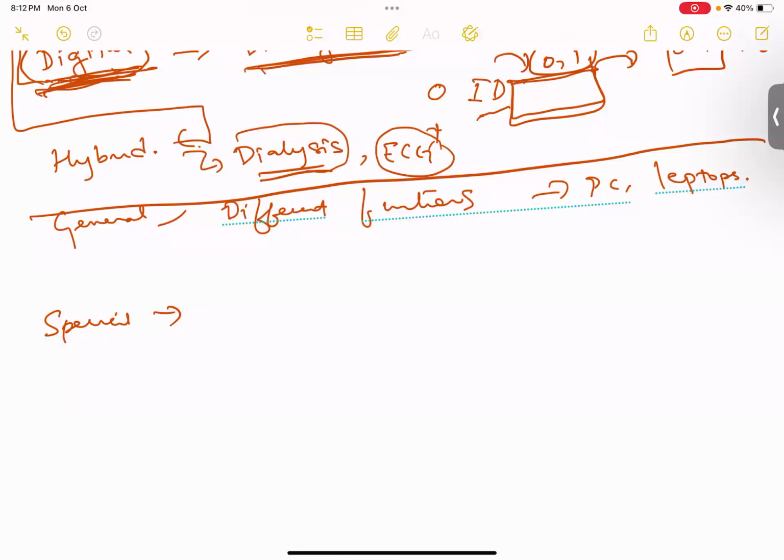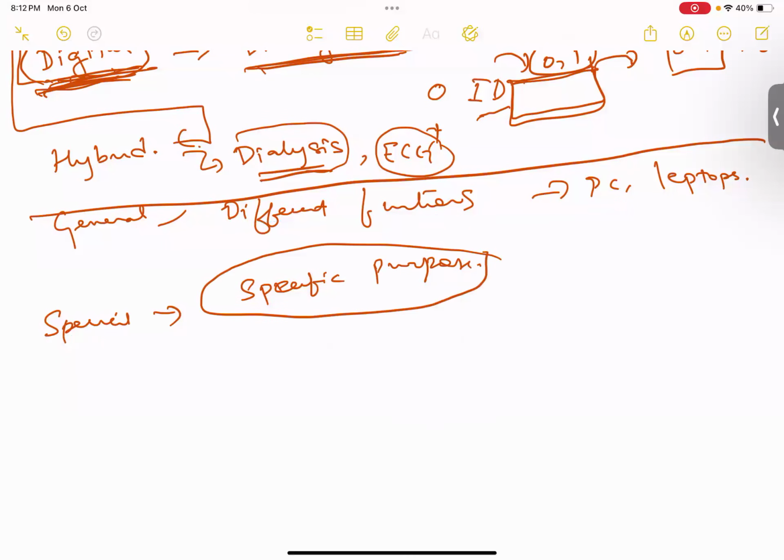Now, when we say special purpose computer, they are used for specific purposes only, okay? So these are types of computer which we do not have access to in our daily life, right? Because these are used for very specific things. For example, automatic aircraft landing.